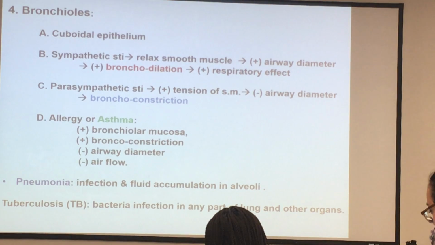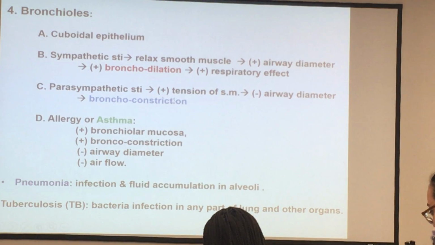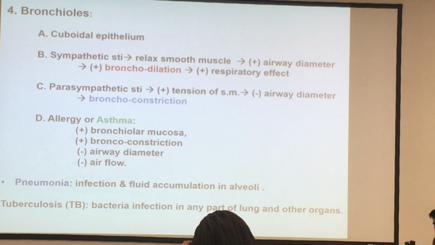So a very common symptom of allergy or asthma is because of what? Because of bronchoconstriction. It causes the muscle to constrict and decreases airflow, and also the mucus increases and prevents the air from passing.